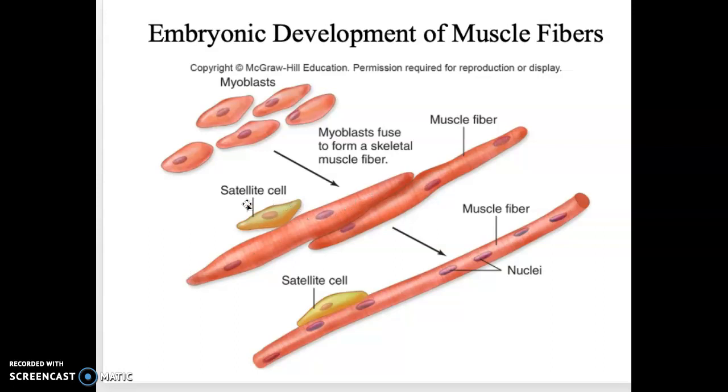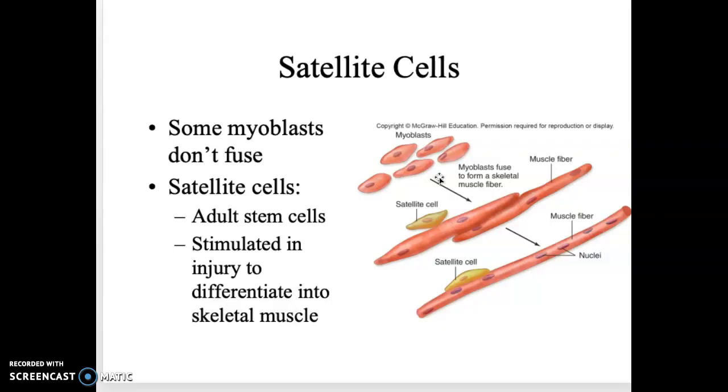Some cells do not fuse, and they end up being what we call satellite cells. Satellite cells are adult stem cells, and they're there to be stimulated in the case of muscle injury. Once they get stimulated from injury, they will differentiate into skeletal muscle to help repair the muscle tissue.